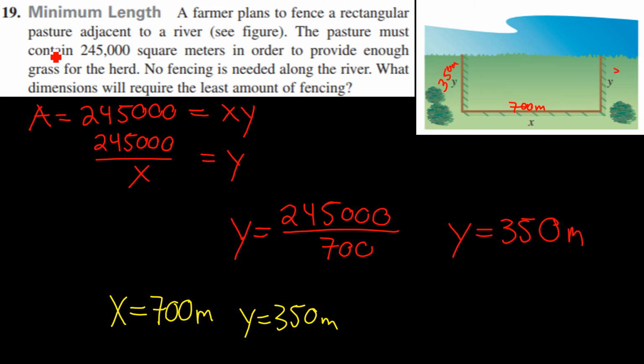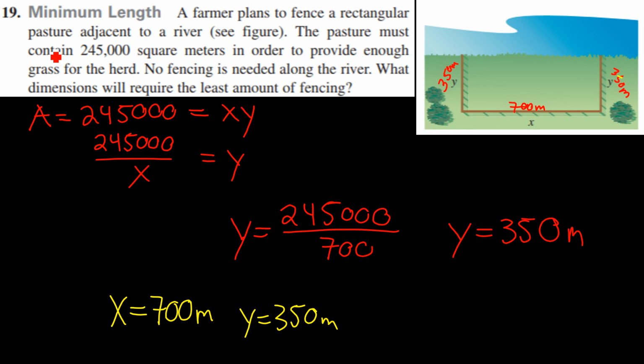Well, in reality, and you'll notice this through some of the problems, the most efficient shape for perimeter, the most efficient way to make a rectangle with the least amount of perimeter, is going to be a square. Now you may say, well, this isn't a square, right? But we're missing a side. We're missing this side altogether.